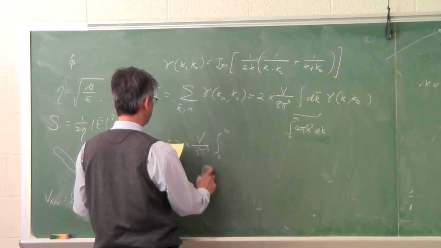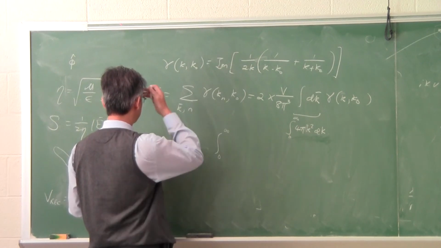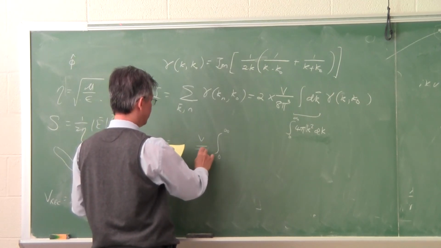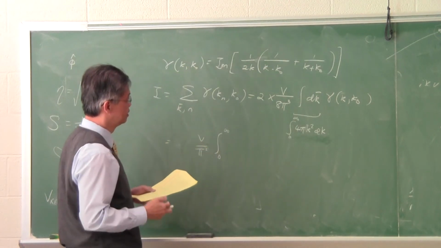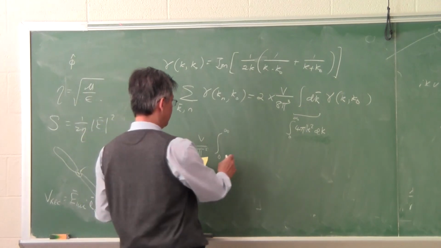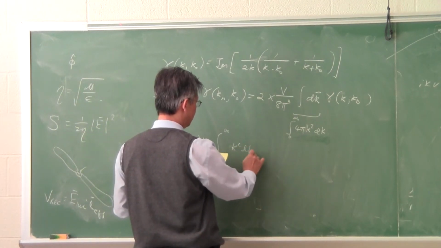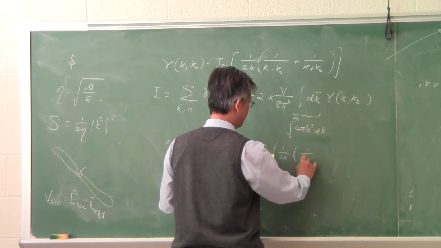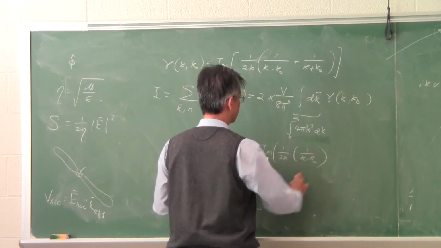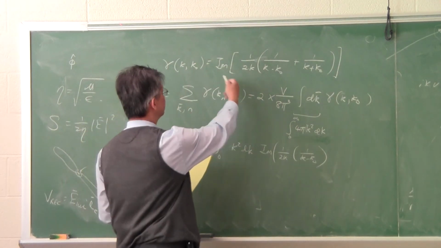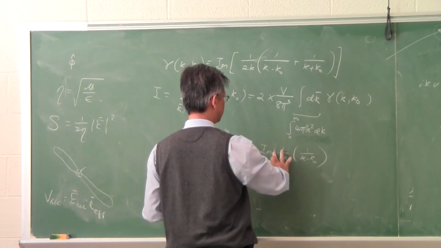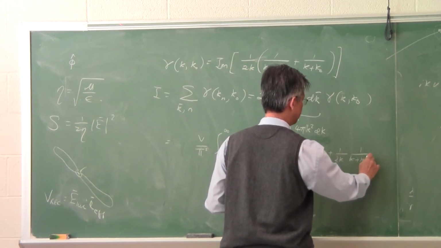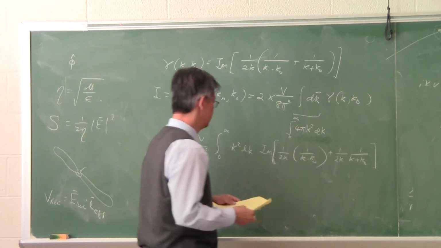The 4 pi cancels with 8 pi cubed, and then I have v over pi squared, then k squared dk, imaginary part of 1 over 2k, 1 over k minus k naught, plus the other part, plus 1 over 2k, k plus k naught. So that integral looks something like that.